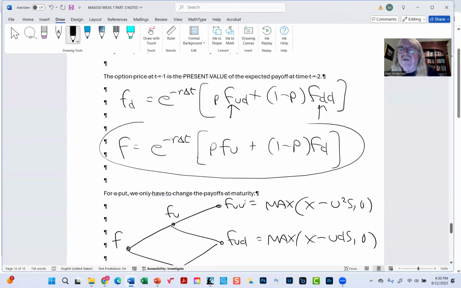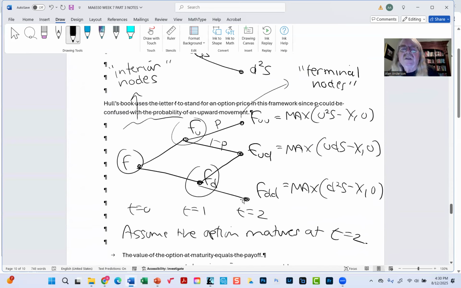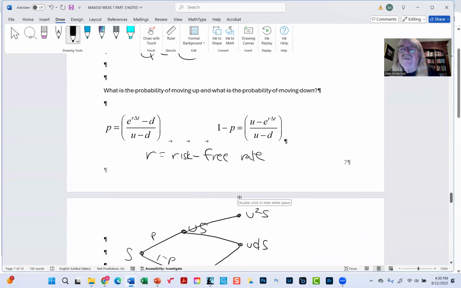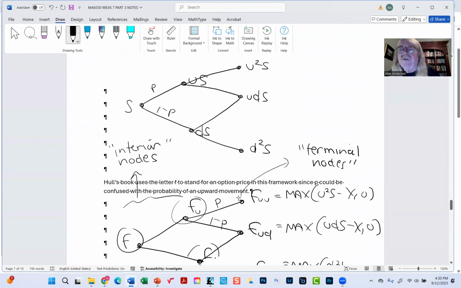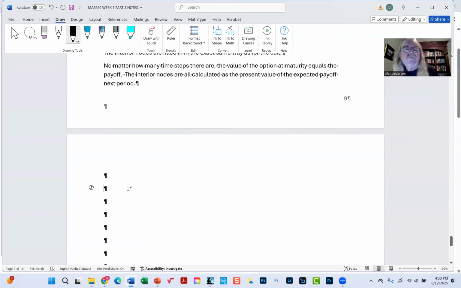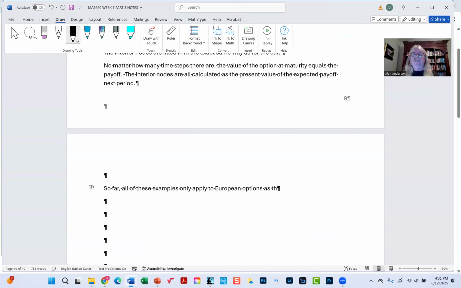Now, what I just showed you here, this entire framework that I just showed you, only applies to European options, because what's happened here is we have not considered the possibility of early exercise. So far, all of these examples apply to European options, as they do not allow for early exercise.